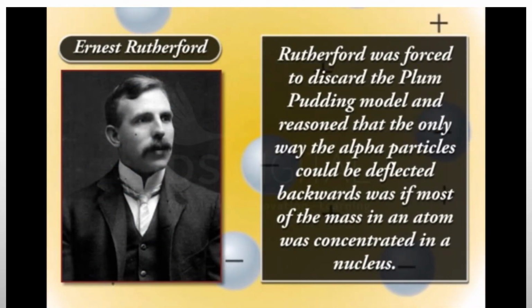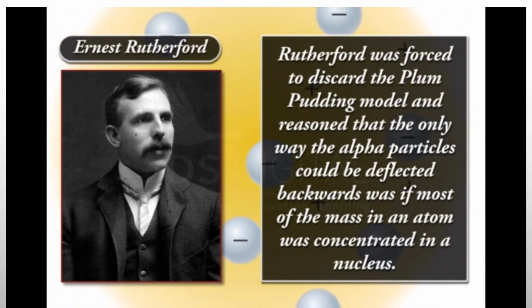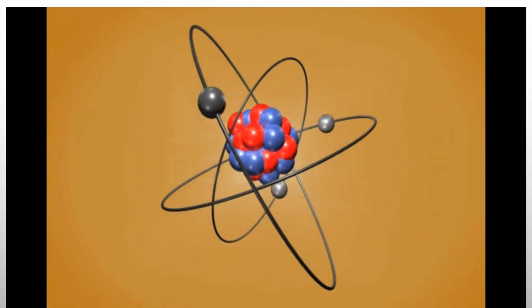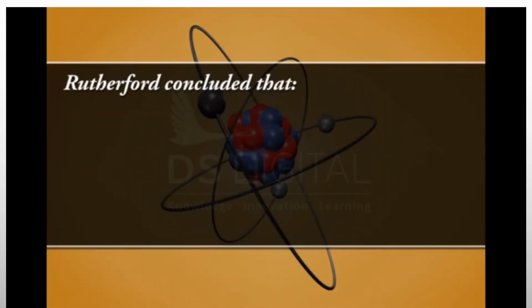Rutherford was forced to discard the plum pudding model and reasoned that the only way the alpha particles could be deflected backwards was if most of the mass in an atom was concentrated in a nucleus. He made the conclusion that the atom is 99.99% empty space.